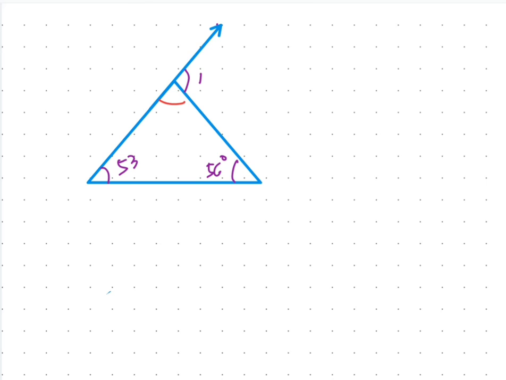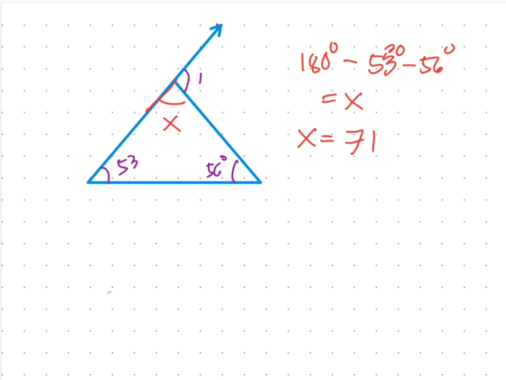You know the sum of the measures of the angles in a triangle is equal to 180 degrees. So that would be 180 degrees minus 53 minus 56 degrees. Let's say this is x. So what is x here? 180 minus 53 minus 56 is 71.